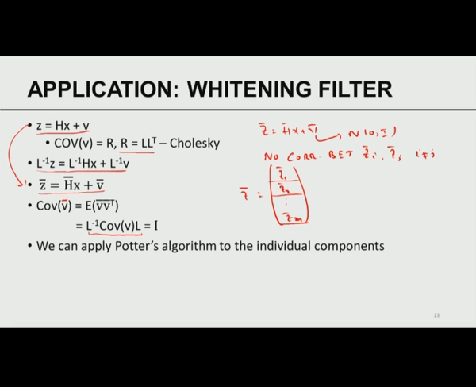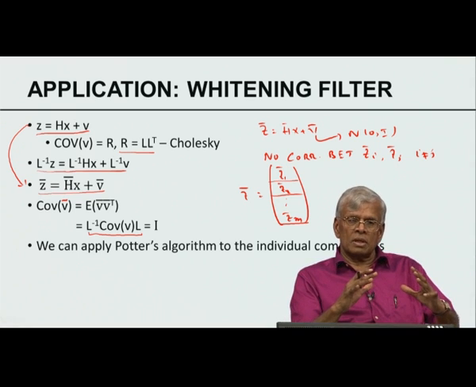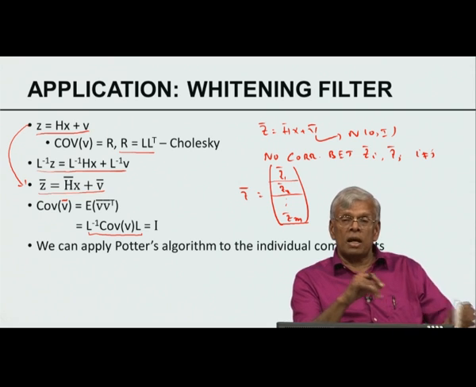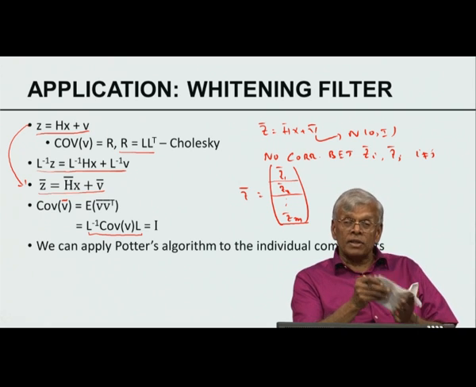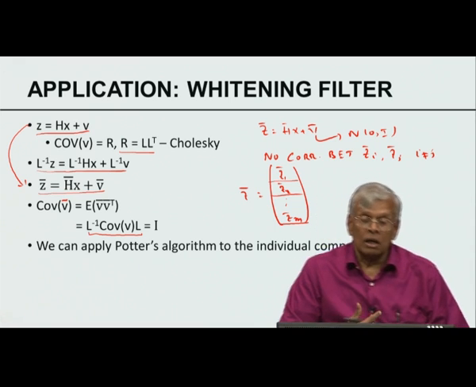So it is this ability to convert using the transformation which is the L inverse, is called whitening transformation. What is whitening? Before the transformation, V had covariances. That means Vi and Vj may be correlated. But after the transformation, V bar i and V bar j are not correlated.